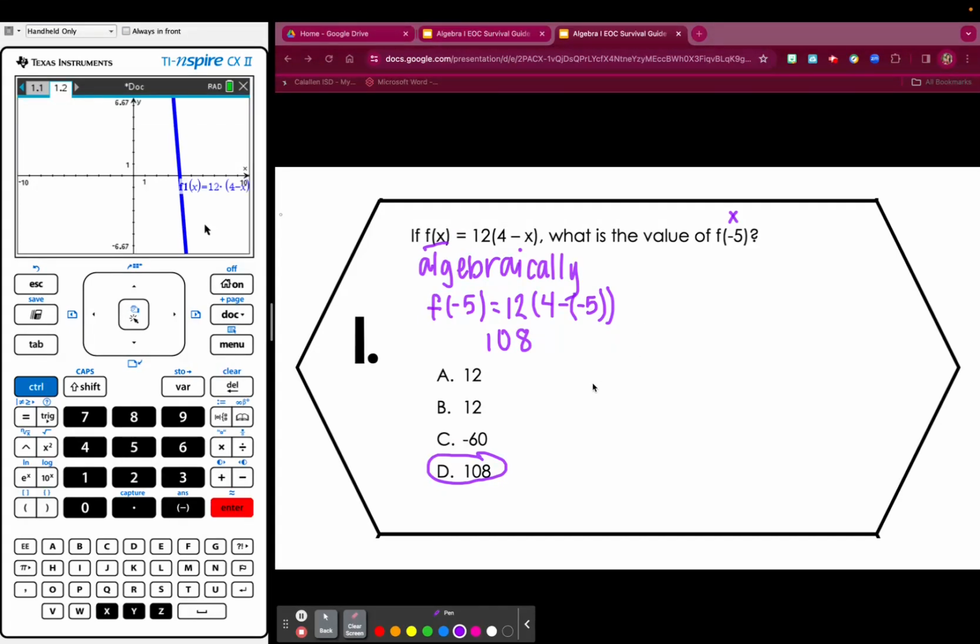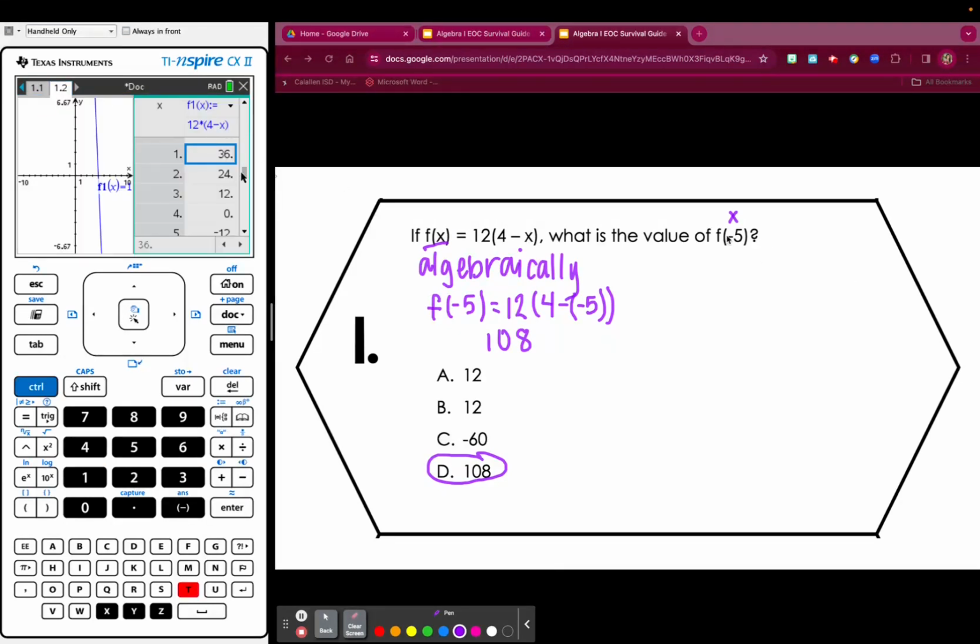So when you press enter, you'll press Control T. And from here, I'm going to go to where x is negative 5. So I'm going to press on the up button until I get to negative 5. And you're going to also see here that I get 108.